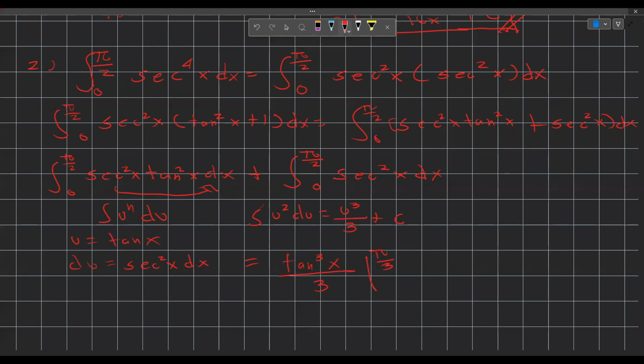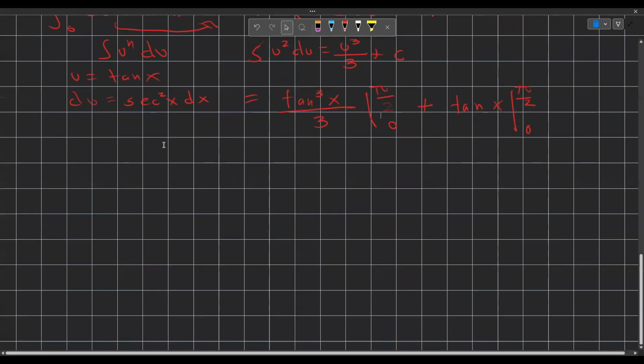We still have to plug in these values later. Plus, as similar to what we discussed earlier, the integral of secant squared x is actually equal to tangent x. We still have to put the limits, 0 to pi over 2.